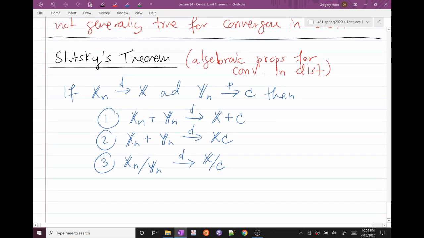And what I mean is that you're just adding a constant to the random variable or scaling it by c or 1 over c. So for convergence in distribution, we can't quite do the same things. It doesn't necessarily work that way. But if we have another sequence that converges in probability to a constant, then we can do algebra with that other sequence, and things work out nicely.